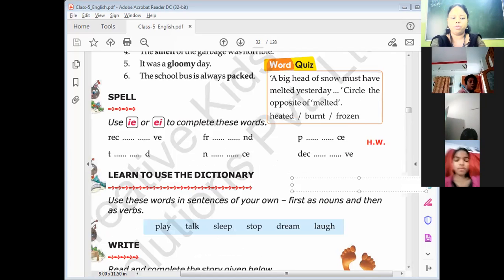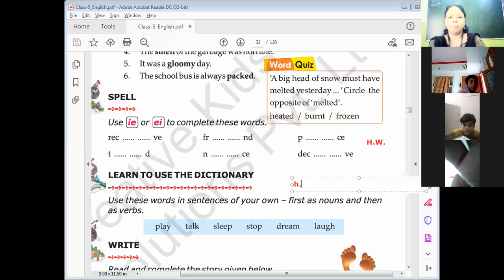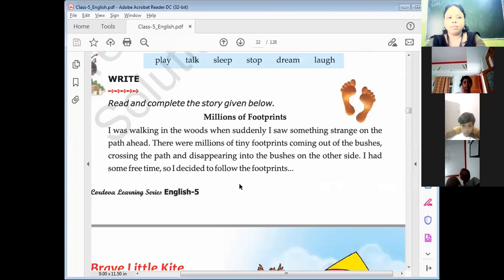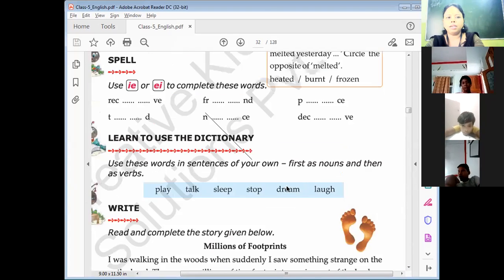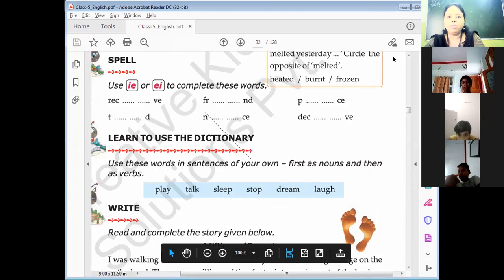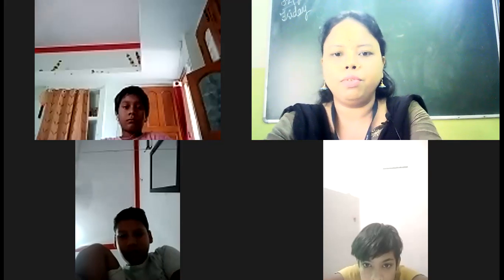This one also is for your homework. Understand? Okay, you all have to complete all these exercises by yourself, 2-3 exercises.